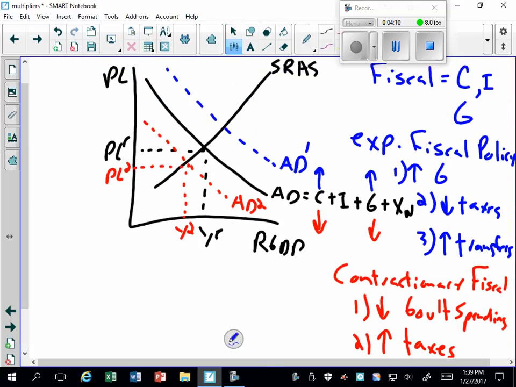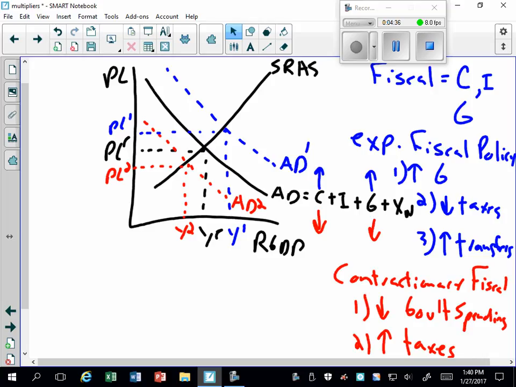Now, the other shifting that we did in a previous class had to do with the self-correcting from a recessionary gap or from an inflationary gap. And remember, the self-correcting was a short-run aggregate supply shift. As wages and resource prices or input costs become flexible, the aggregate supply curve is going to self-correct you with a shift back to full employment.